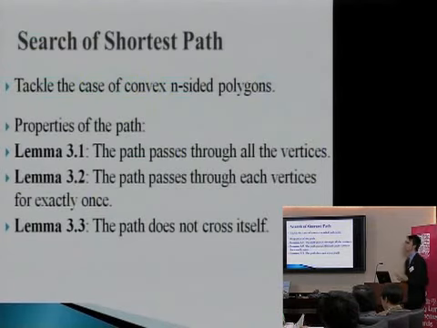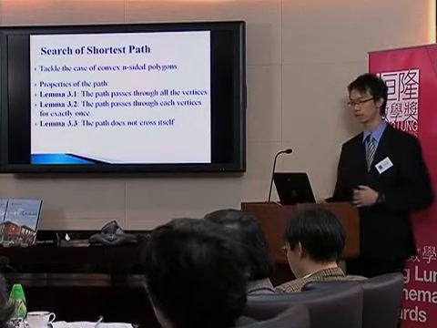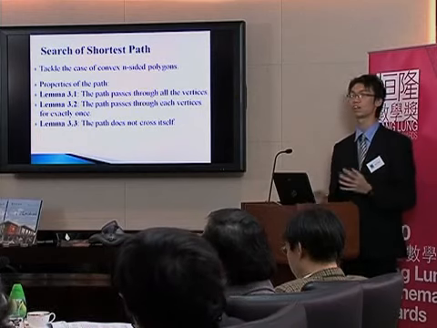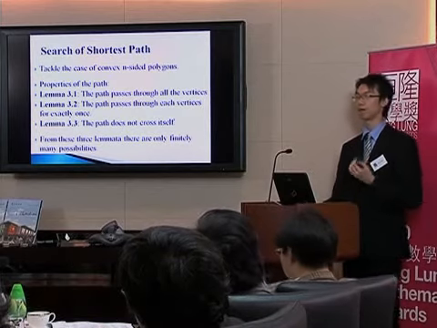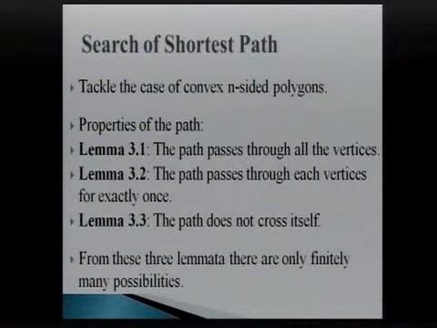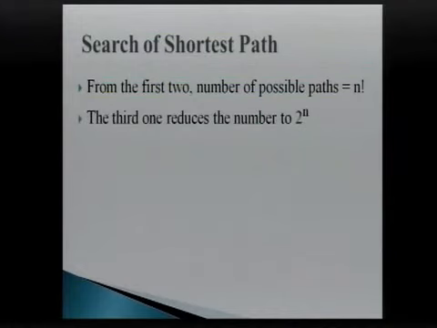The first two mainly tell us that the path actually passes through all the vertices of the n-sided polygon once and exactly once. While the third one tells us that the path does not cross itself. And these 3 lemmata restrict the possibilities to finitely many. From the first two, we can show that the number of possible paths will be n factorial, while the third one reduces it to 2 to the n.